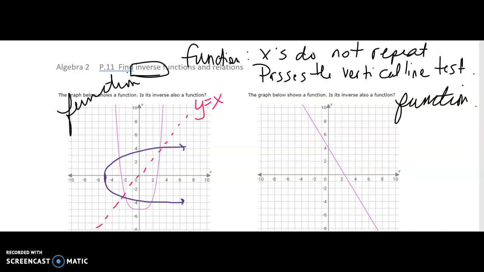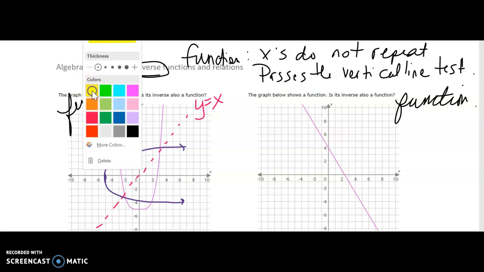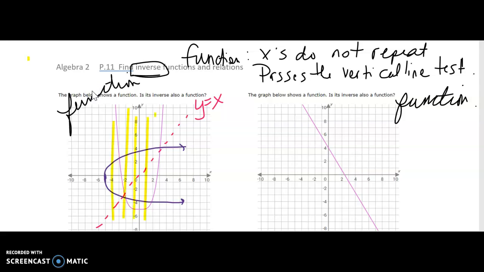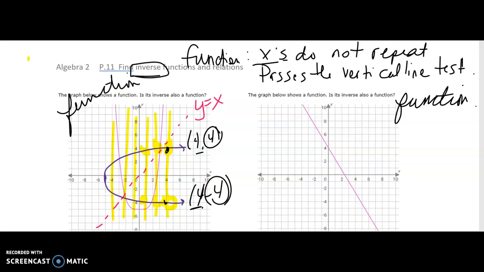So on that blue graph that I just drew, all of those yellow lines are crossing the blue graph twice, which means, like right here, this is at 4, 4, and this is at 4, -4. So for this x, it gets two different y's, and if your x's don't repeat, then you can't have two different y's. So basically, the inverse for this graph is not a function.